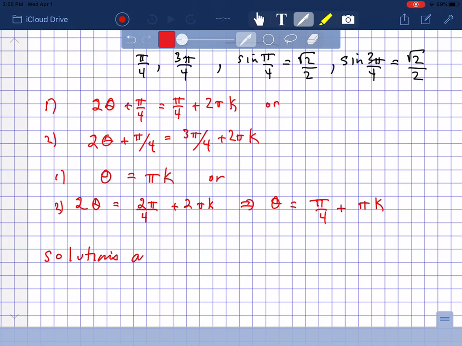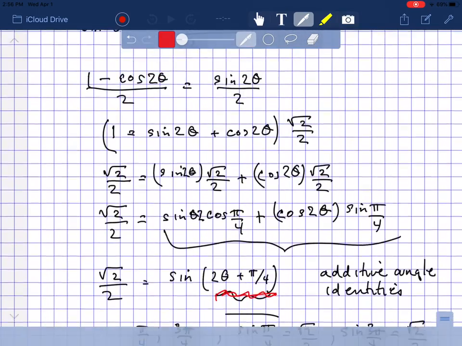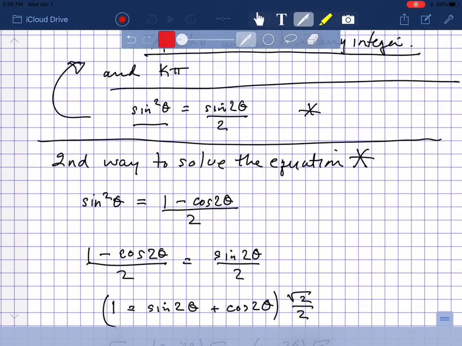So the solutions are of the form theta equal pi times k and theta equal pi over 4 plus pi times k, where k is any integer. And this is exactly what we found up above. So these were the solutions that we found up here.